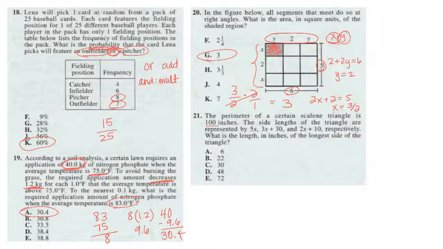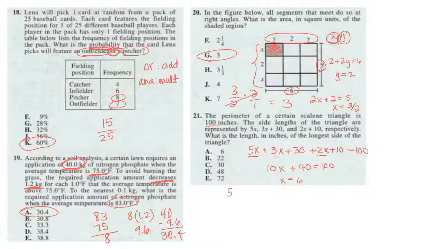So we've got that as 100, and perimeter means we're just going to add up all of these measures. And so all of that has got to be equal to 100. And so 5x plus 3x plus 2x, that's going to give us 10x plus 40 equals 100. And so we see that x is going to have to be 6. Now we need to know the length of the longest side, so we have to go back and sub in that x value.